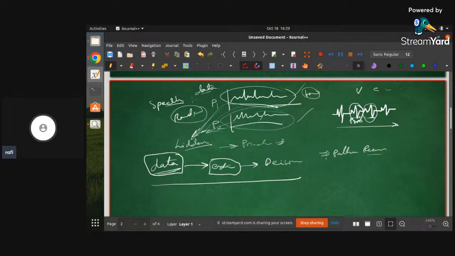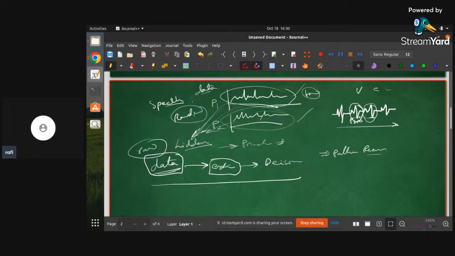So from the data we need to extract some features, discriminative features or whatever it is. The data is in a very raw form. Raw data doesn't have any patterns visible as such or perceivable as such.